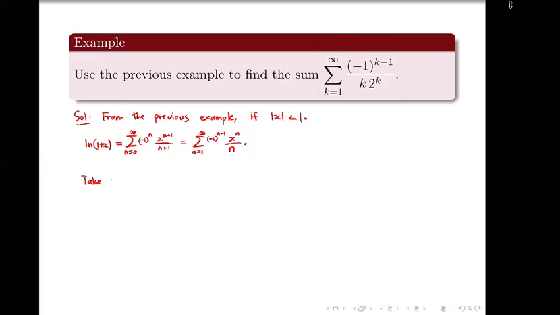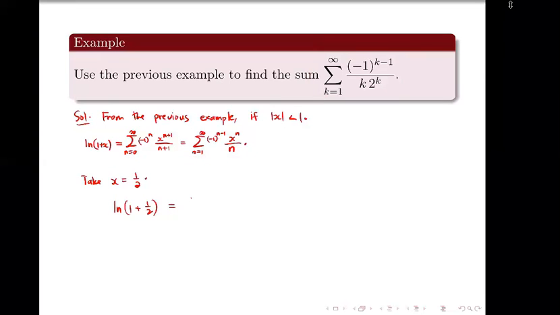We take x equals 1 half. 1 half, the absolute value, is still less than 1, which means the equality here still holds. We will have ln of 1 plus 1 half.